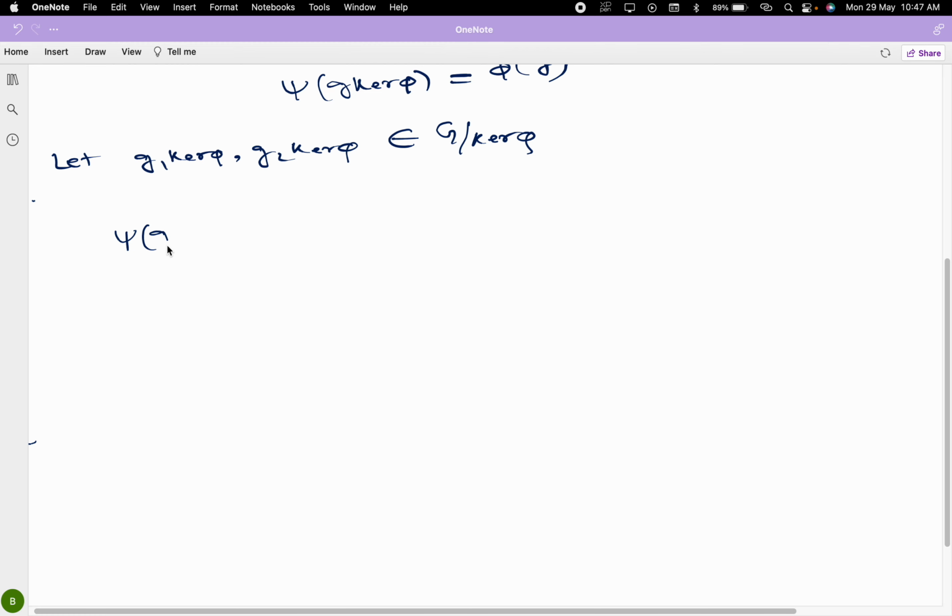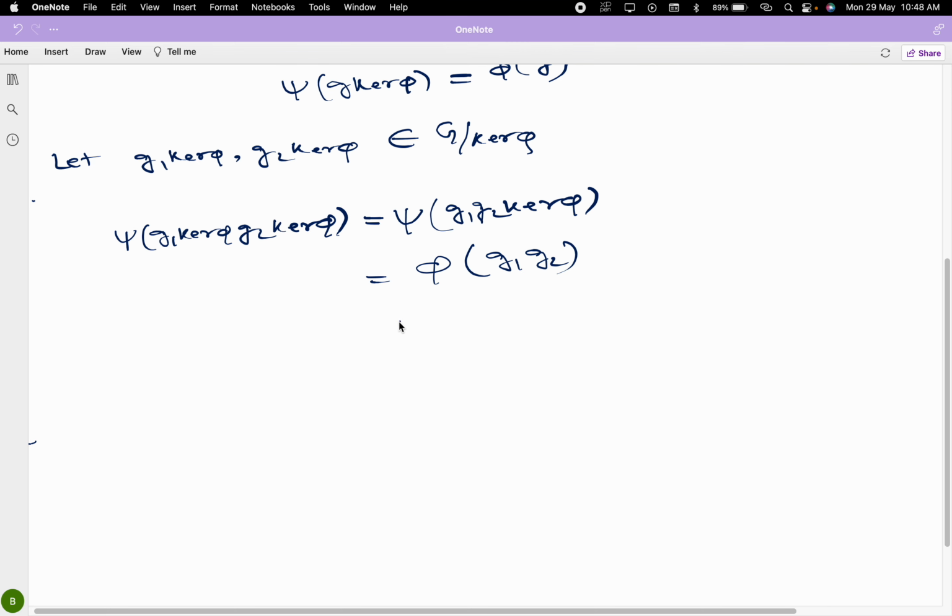Psi of g1 kernel phi times g2 kernel phi is psi of the product of the two cosets, and the coset operation is defined as g1 g2 kernel phi, which is basically phi of g1 g2.